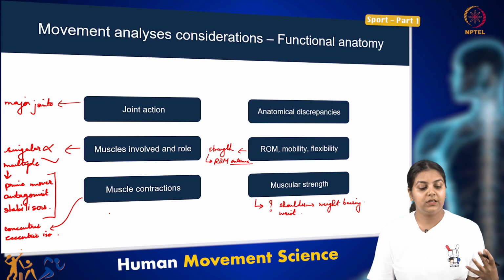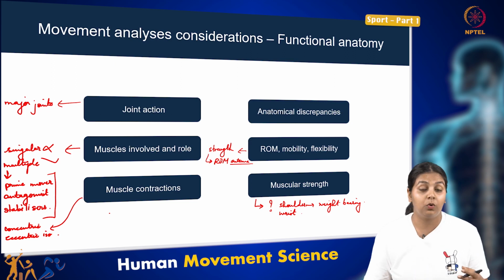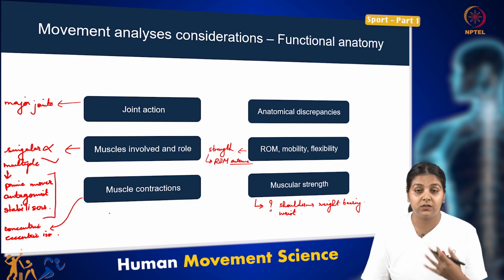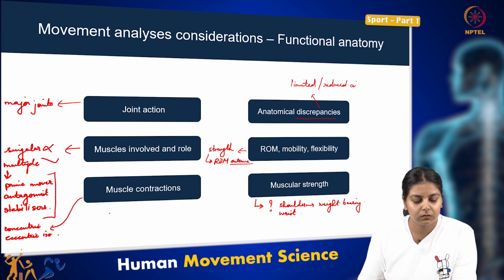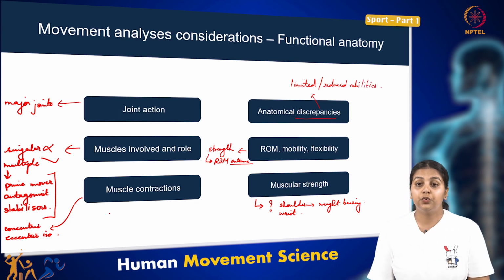Also, last but not the least, some of the major considerations would include anatomical discrepancies. Now, these are quite important. Let's just revise what discrepancies are. Discrepancies is nothing but your abilities, right? So if you have limited or reduced abilities due to anatomical discrepancies, that needs to be identified sooner.